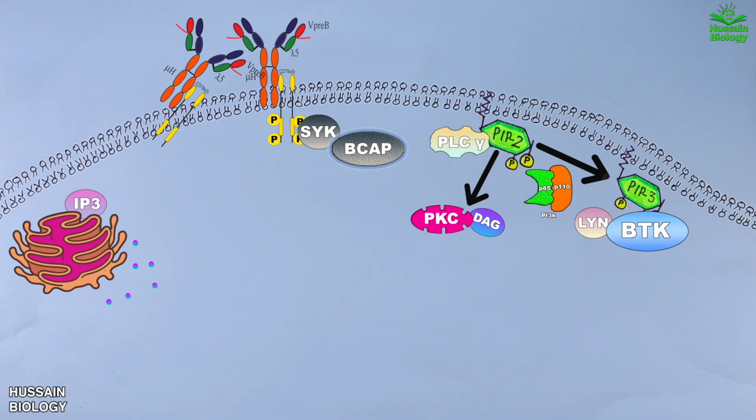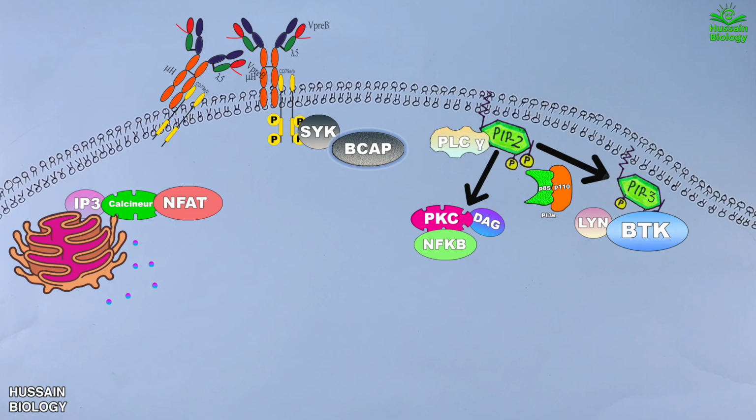These second messengers now activate key transcription factors inside the nucleus. IP3-mediated calcium release activates calcineurin, which in turn activates NFAT, nuclear factor of activated T cells. Second is DAG. It activates PKC, which leads to activation of the NF-κB pathway.